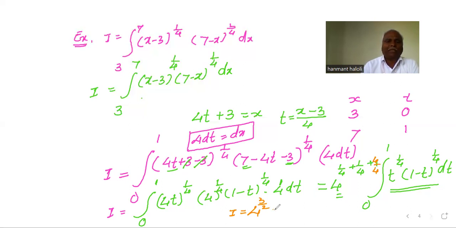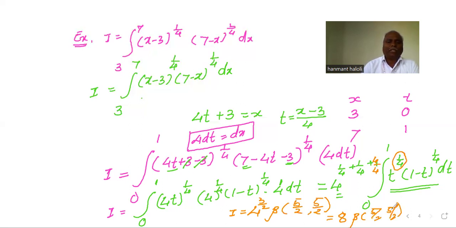Now you have to use beta: 1 by 4 plus 1 means 5 by 4, so you get 5 by 4 comma, and again adding 1 you get 5 by 4. This is beta(5/4, 5/4). 4 raised to 3 by 2 means the root of 4 is 2, and 2 cubed is 8. So this becomes 8 into beta(5/4, 5/4).